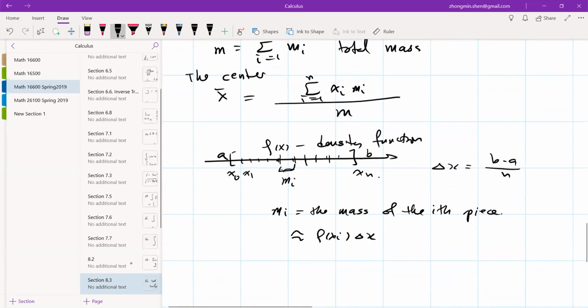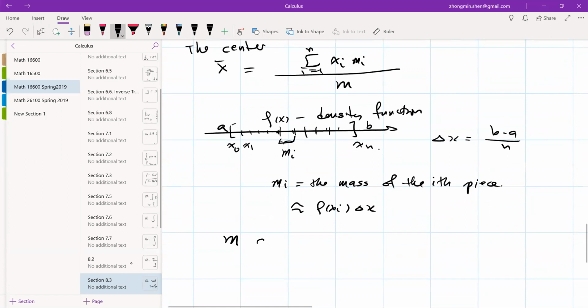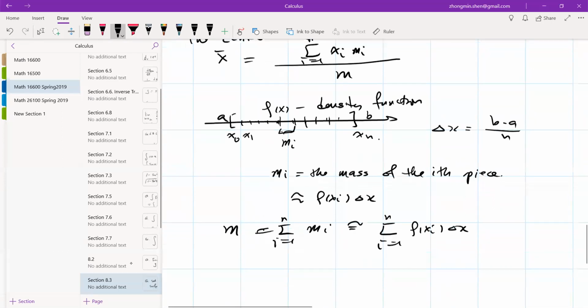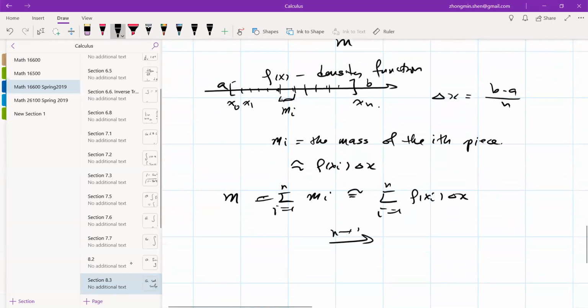So the total mass is going to be the sum of mi, i from 1 to n. If you add them together and take the limit, you get the integral from a to b of this function. That gives you the formula for the total mass.